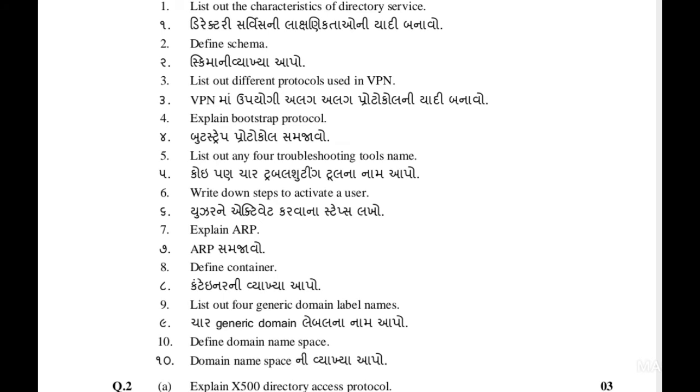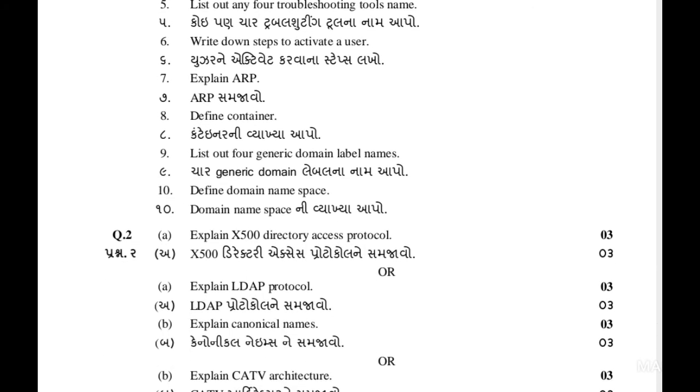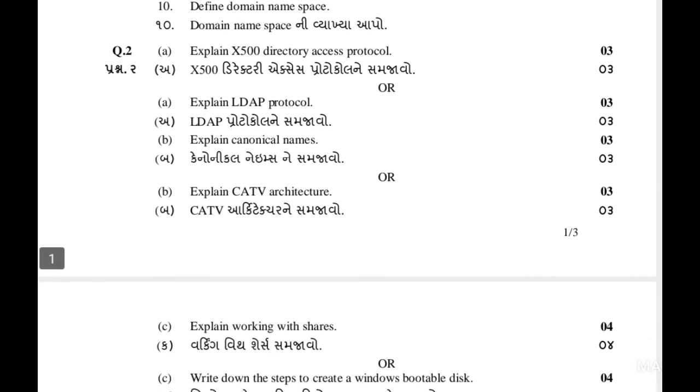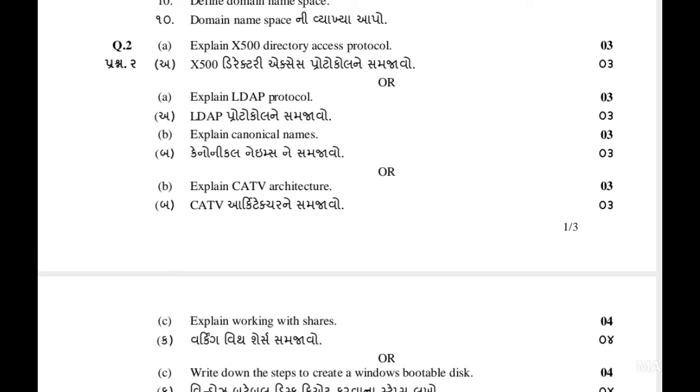Then question number 2a carries 3 marks. Question 2a is optional, which means it is not compulsory to attempt it, because an OR option is given. So question 2a is 3 marks. Then similarly question 2b is also an OR question, and it also has 3 marks.